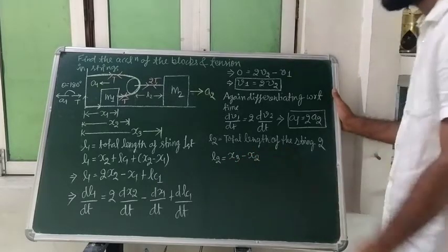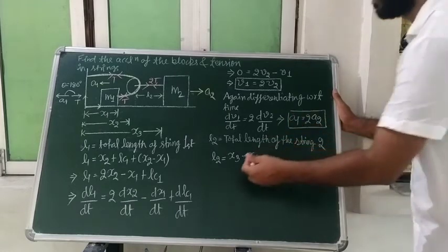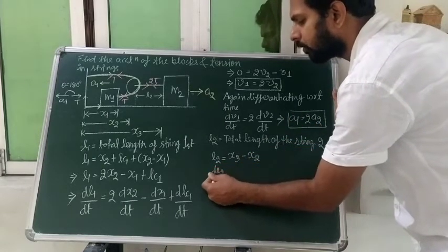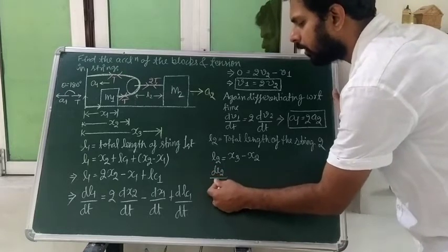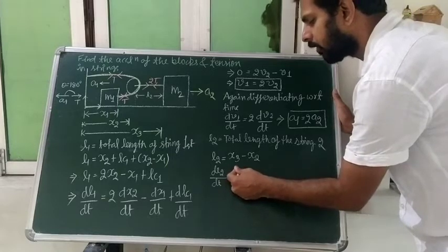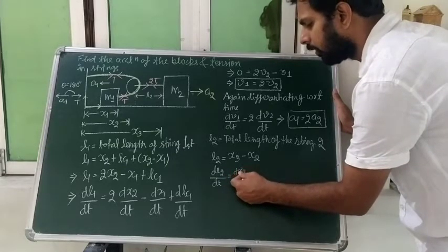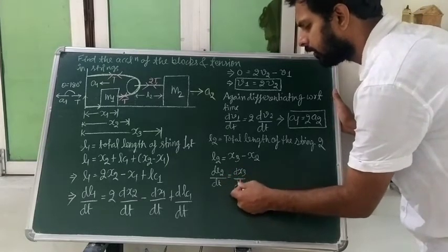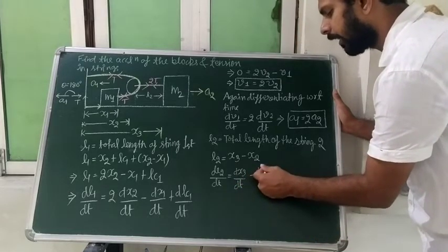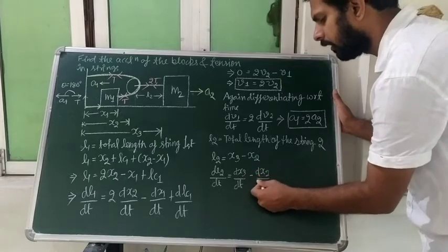So our next task will be to differentiate it with respect to time. So dL2 upon dt should be equal to what, students? dx3 upon dt minus dx2 upon dt.